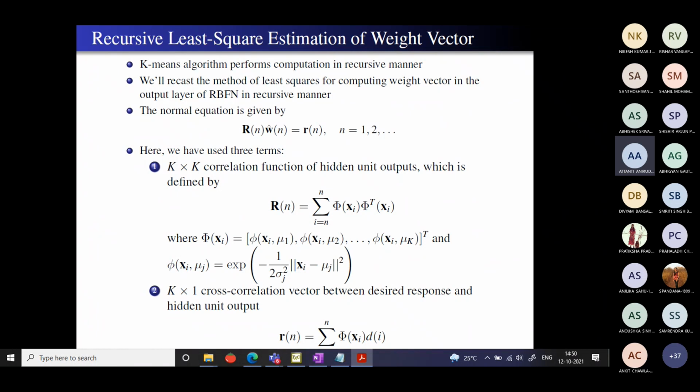Now the question is, earlier we used to do a very simple thing. Okay, this Rn is anyway a matrix, I can find it very easily, what's the big deal? I can always find the estimate of w equal to R inverse times small rn, done. So what's the problem? This is straightforward. Can you see any problem here?